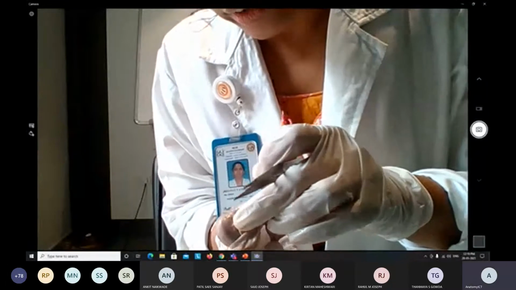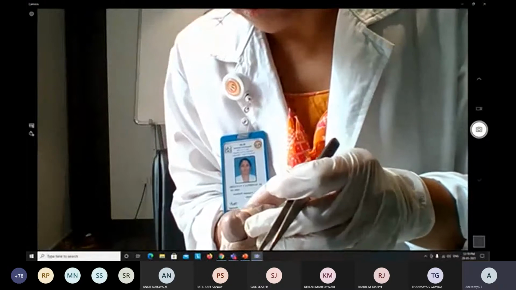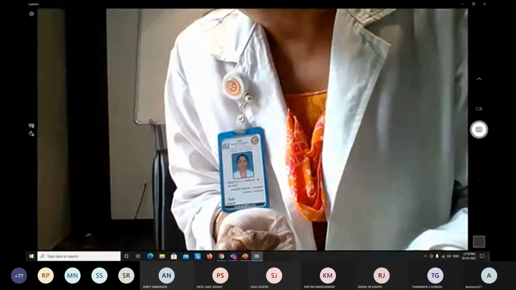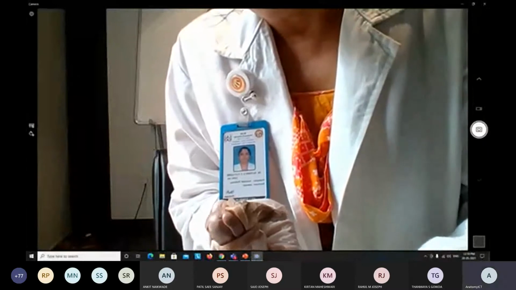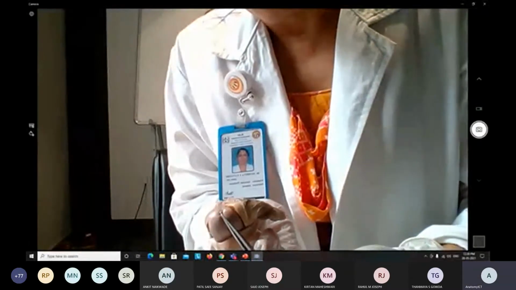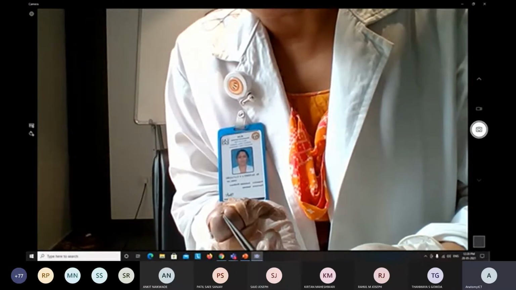Small pedunculated, a small dot-like structure. Can you make out here? At the upper end of the testis, here. See, this is pointing here. Okay, this is the remnant of the Mullerian duct.